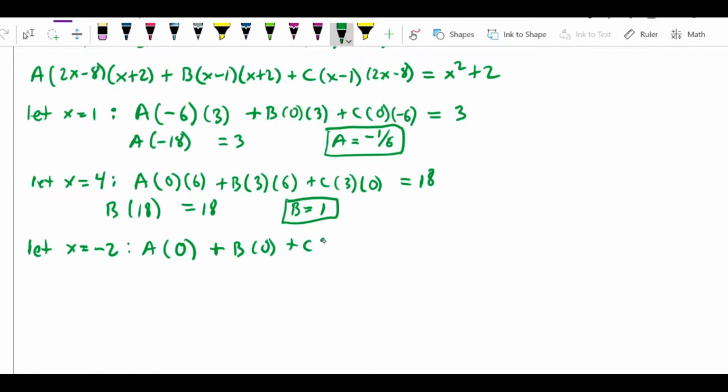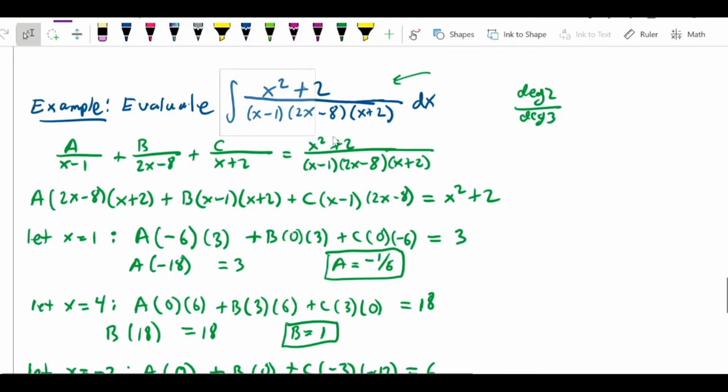And then with the c term, I've got negative 2 minus 1 is negative 3, and negative 2 times 2 is negative 4 minus 8 is negative 12. So that's going to equal negative 2 squared is 4 and 2 is 6. So that gives me 36c is equal to 6, or c equals 1/6. So there we go.